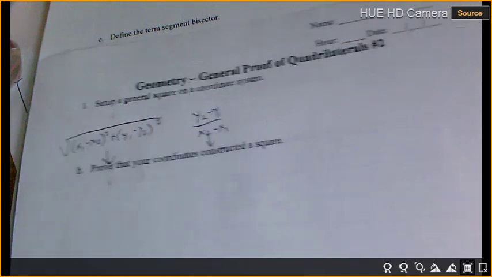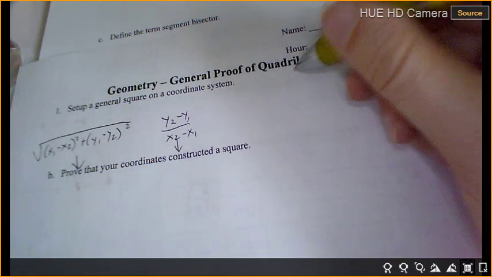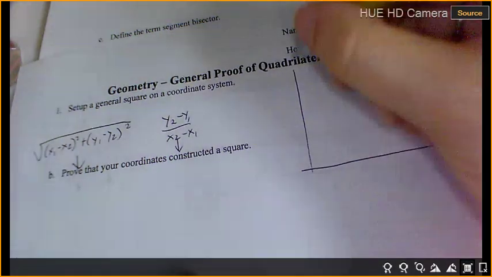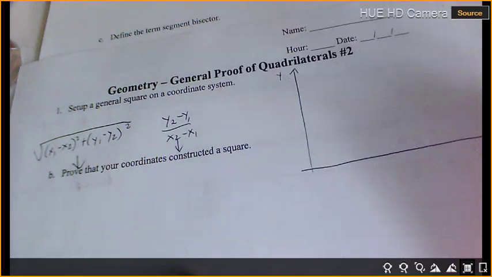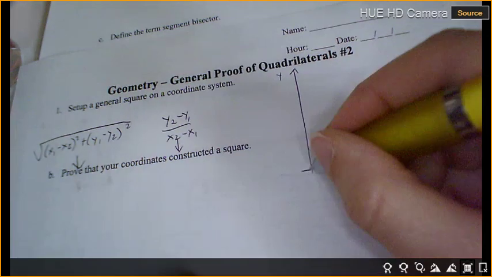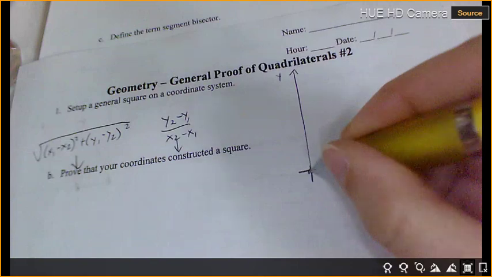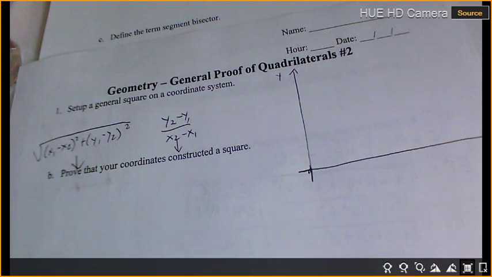Now we're going to set up a little graph right here, where this is the y-axis, this is the x-axis. We agree right here is 0, 0, right? So I am going to set up a square with you guys, and I highly recommend you have one corner for all of these when we do them, all of them, at 0, 0.